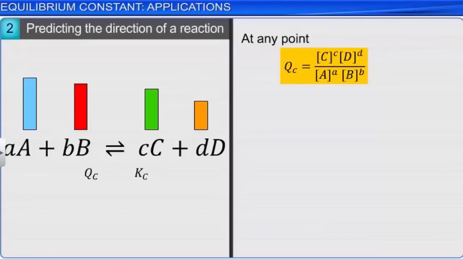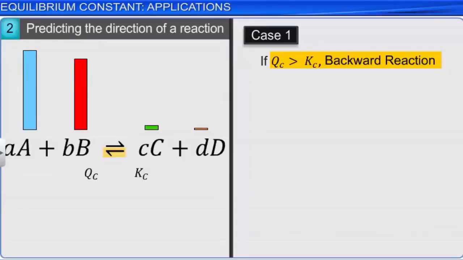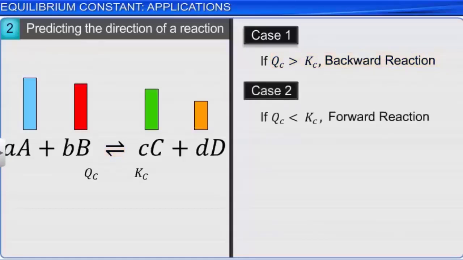Let us now examine how the reaction quotient and equilibrium constant help us in predicting the direction of a reaction. If the value of reaction quotient Qc is greater than the equilibrium constant Kc, it means that the backward reaction takes place. In other words, the reaction proceeds in the direction of the reactants. If Qc is less than Kc, it means that the forward reaction takes place.